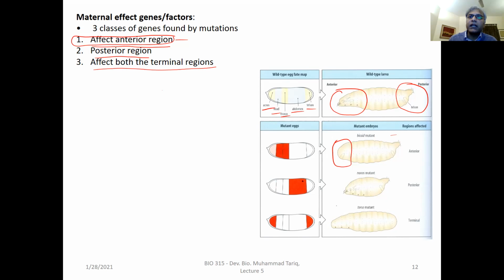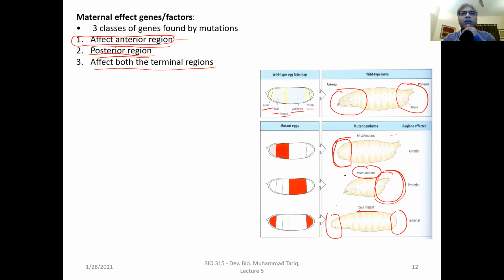Then they found that the posterior was missing in another class, the second one, and the example was nanos. The nanos mutant defects are only on the posterior side, but not on the anterior. Bicoid is the example for the anterior class of maternal mutants. And then they found the torso mutant. It showed mutant phenotype in both anterior and posterior. Both acron and telson were missing in the torso mutant.